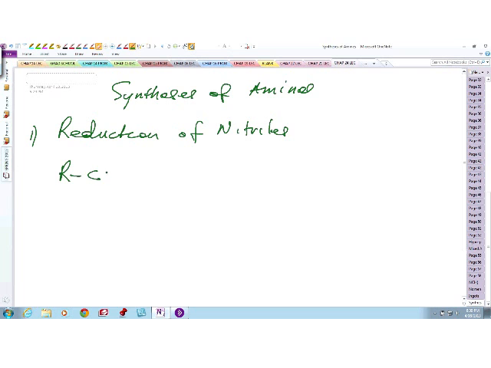If, for example, you take this molecule here, which will be a nitrile, and you take lithium aluminum hydride, step 1, LAH, lithium aluminum hydride, and step 2, dilute acid. What you have here, you are going to get a reduction, addition of hydrogen across the carbon-nitrogen triple bond. So you end up with this here.